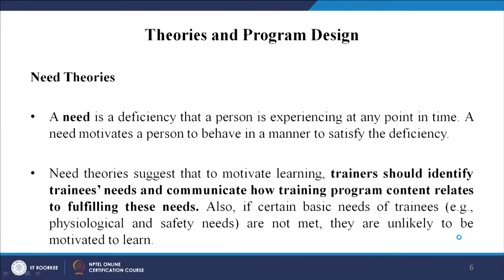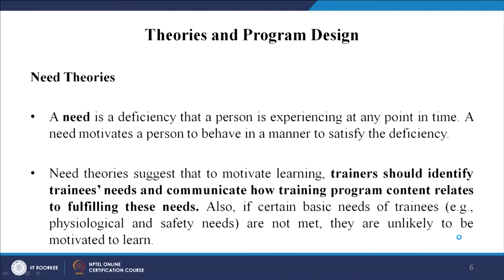So a need is a deficiency that a person is experiencing at any point in time. That is, I should have this, and when he has that feeling of deficiency of that particular thing, then the person will feel motivated. A need motivates a person to behave in a manner to satisfy the deficiency, right.